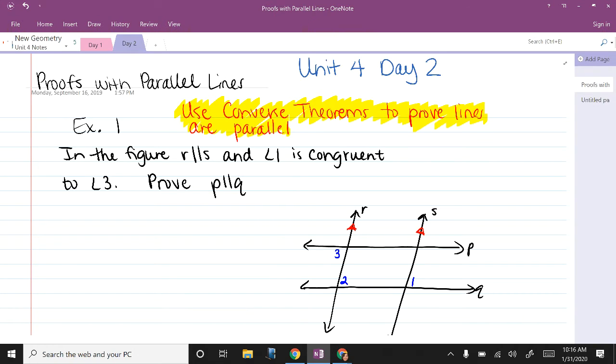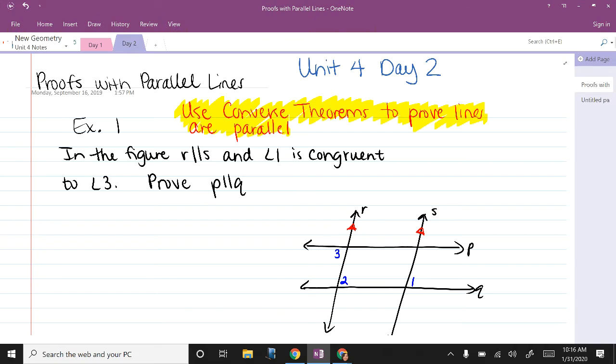And another said that consecutive interior angles are supplementary, which means added together, they equal 180 degrees, which also means they form a linear pair.